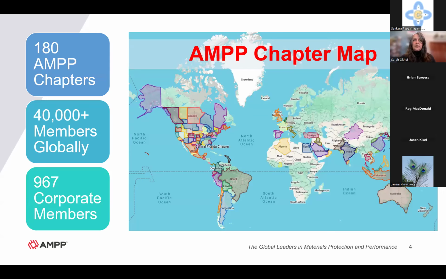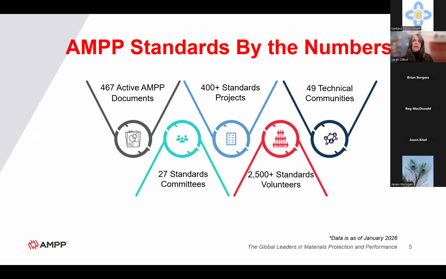AMP is a global organization. We have 180 chapters around the world and have recently grown to over 40,000 members globally and almost 1,000 corporate members. Our standards program specifically currently has 467 active documents.